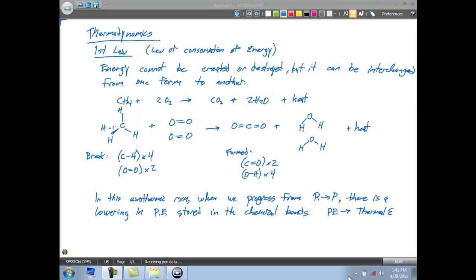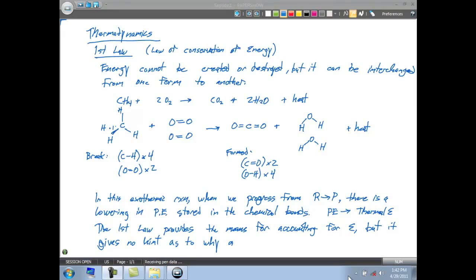But the first law provides the means for accounting for energy, but it gives no hint as to why a particular process occurs in a given direction.